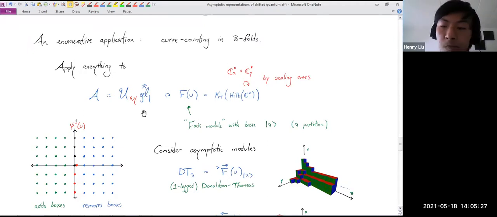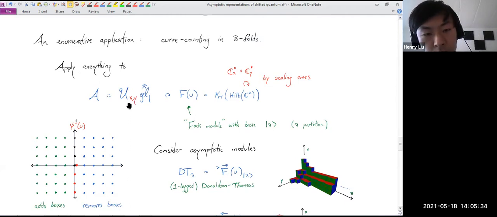And so the quantum group that we care about will be what's called the quantum toroidal GL1. Morally speaking, you can think of this as the quantum affine algebra associated to GL1 hat, even though GL1 hat is not an affine algebra.